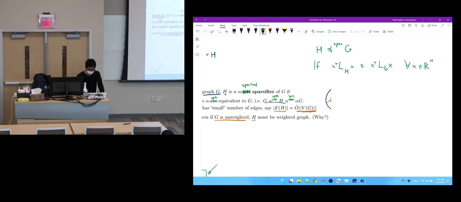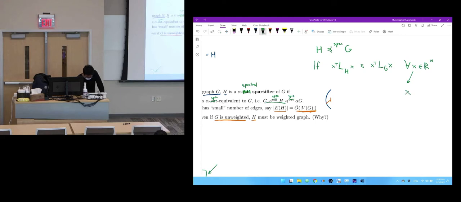And the reason why this is at least as strong as a cut sparsifier is that if you look at x when x is a 0-1 vector, then do you recall what this thing is?